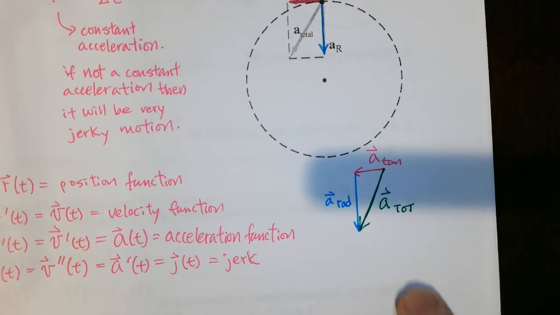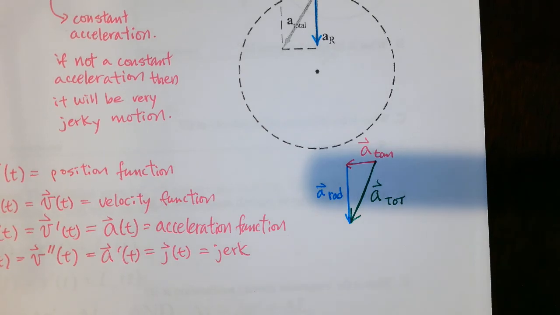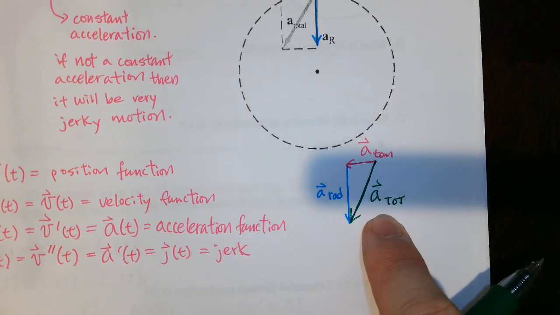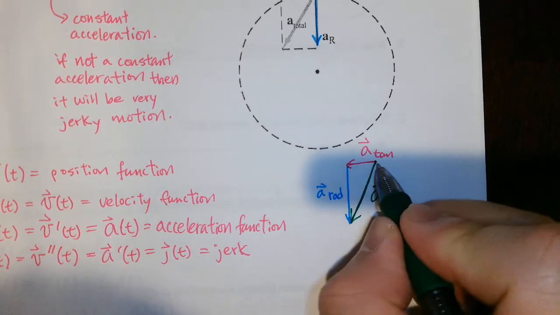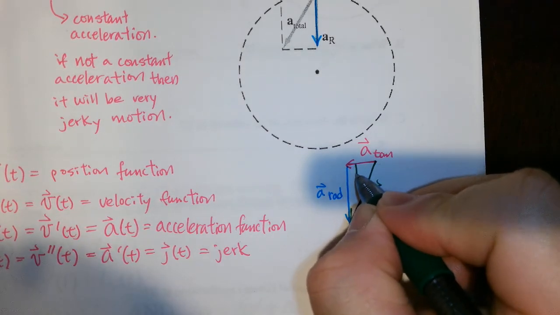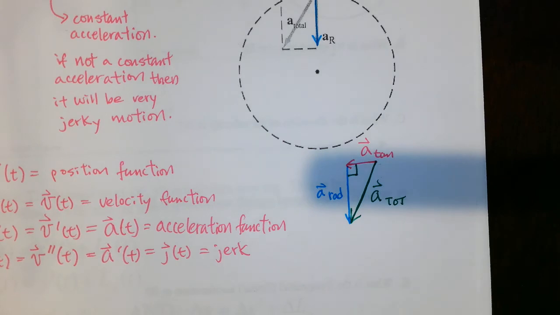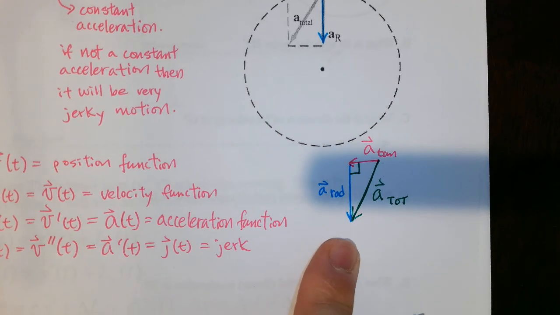So this is the total acceleration of my two accelerations. And because this is tangential and this is radial, this angle has to be perpendicular, 90 degrees. So we have a right triangle.